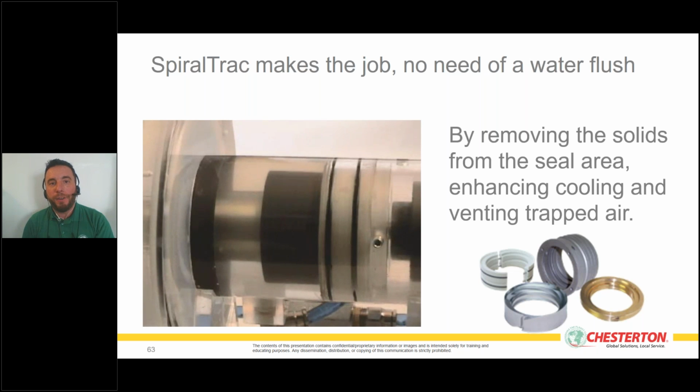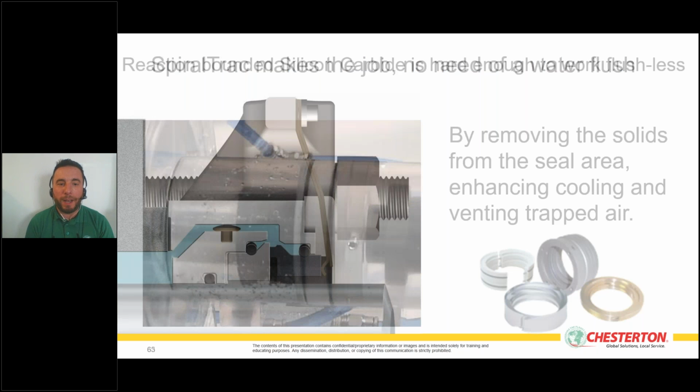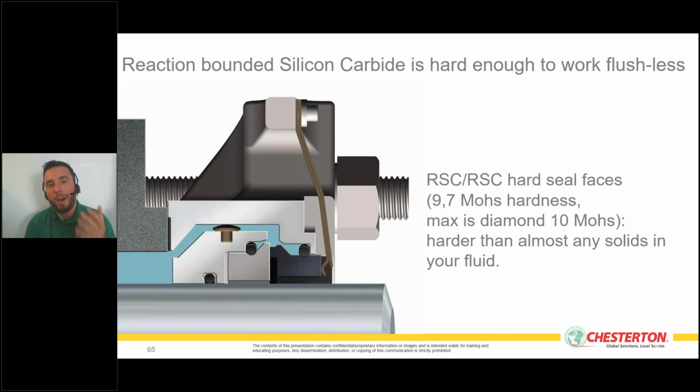The second way to reduce the flush is to use hard faces. For example, our reaction bonded silicon carbide material has a hardness of 9.7 on the Mohs scale. What you will see here in the picture is, for example, the Chesterton 442 split mechanical seal with a hard face combination that can work flushless.